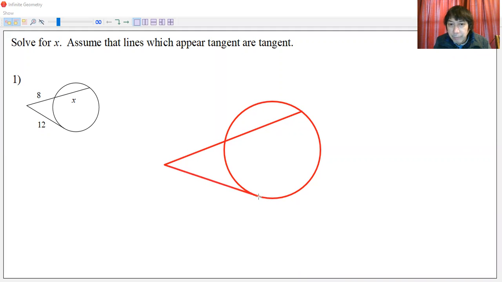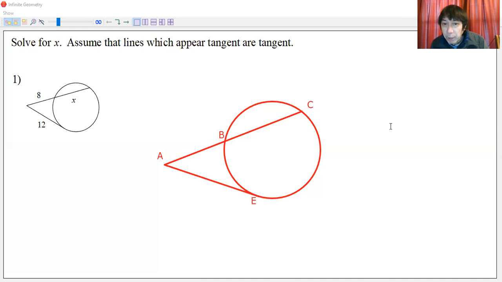Now let us put labels. Let's call this point A, and this intersection of the circle the second point B, and this other intersection point C, and then the point of tangency, the intersection of the tangent and the circle, we will call point E. So point E is the intersection of the tangent and the circle.